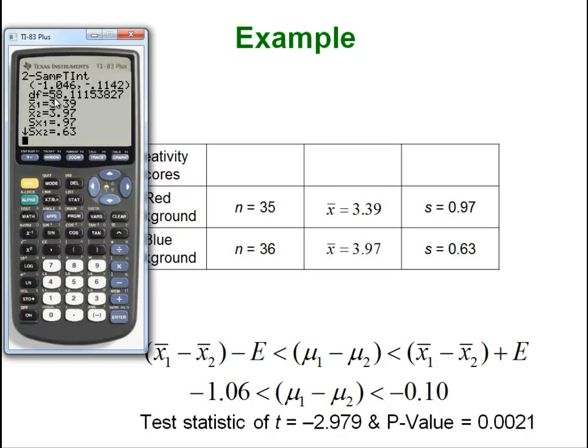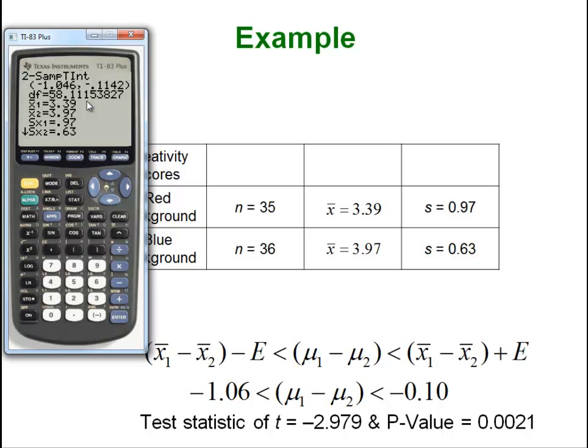One, look at our degrees of freedom. It uses the actual true calculation for degrees of freedom, and it gives us a decimal. Whereas the example in the slides was using formulas and the more conservative degrees of freedom, which is just the smallest sample minus 1. So their degrees of freedom were 34, whereas ours are 58.11.